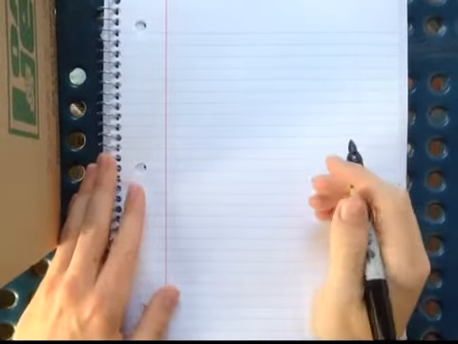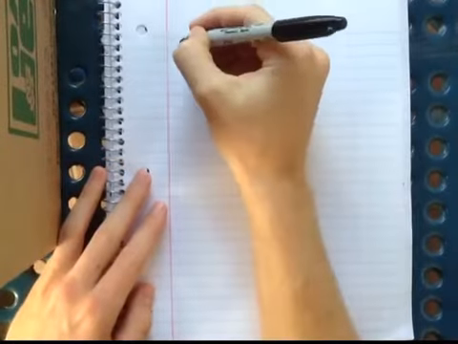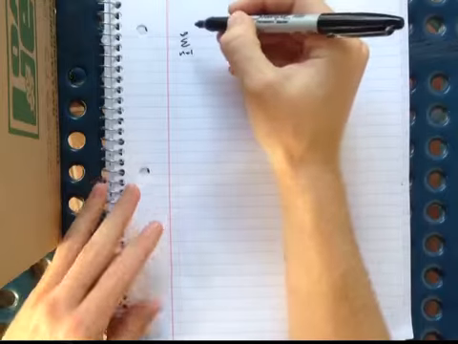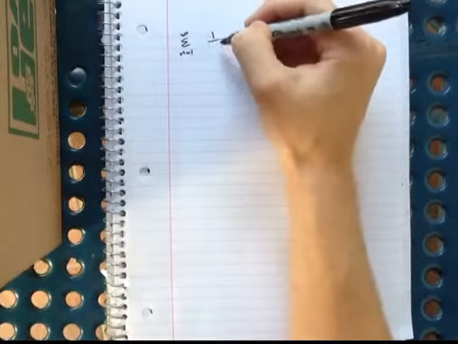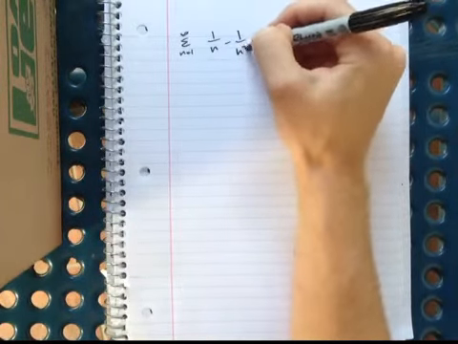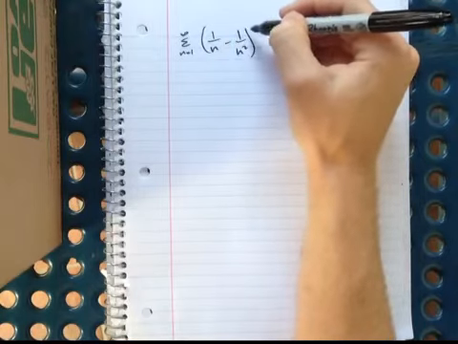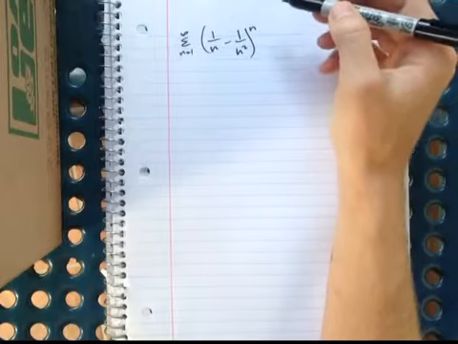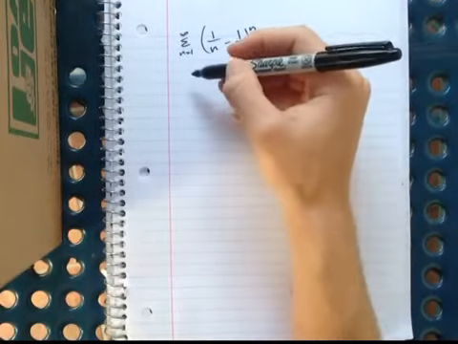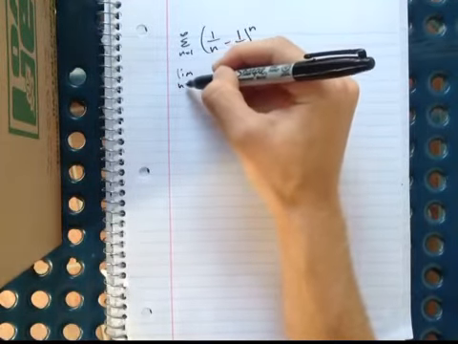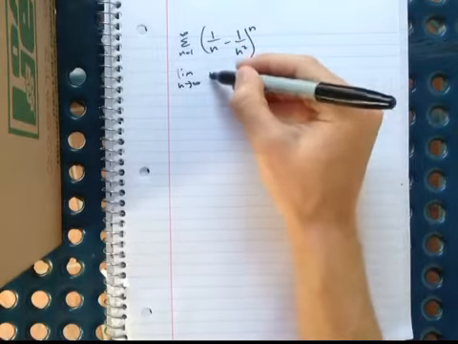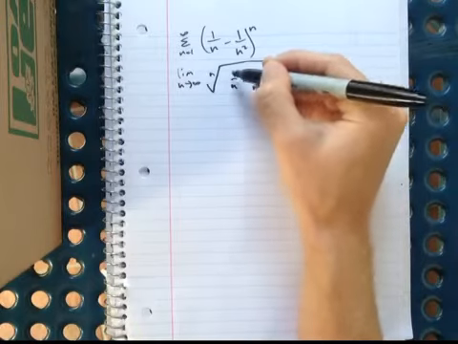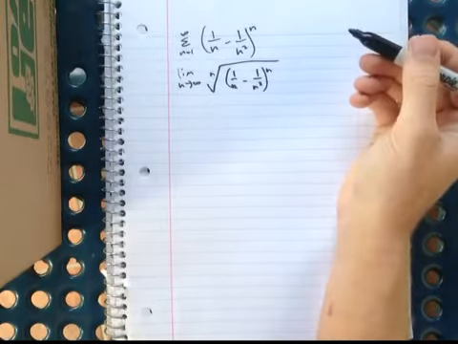So here is a quick example. We have the sum as n goes to infinity of 1 over n minus 1 over n squared, all to the n. So, as you can see from everything being raised to the nth power, the root test is going to be very useful here. I'll take the limit as n goes to infinity of the nth root of 1 over n minus 1 over n squared, to the n.